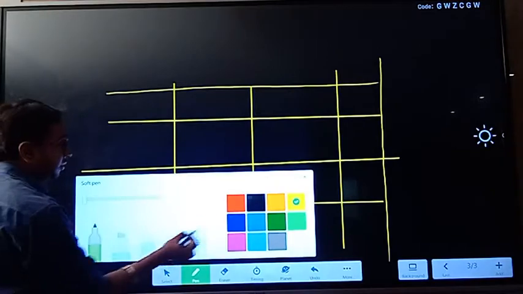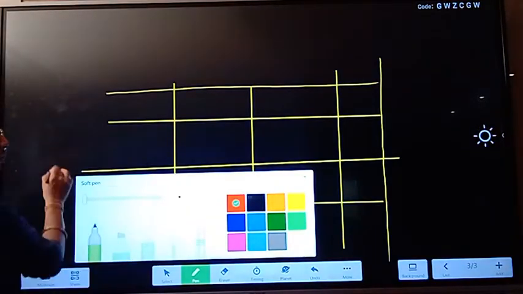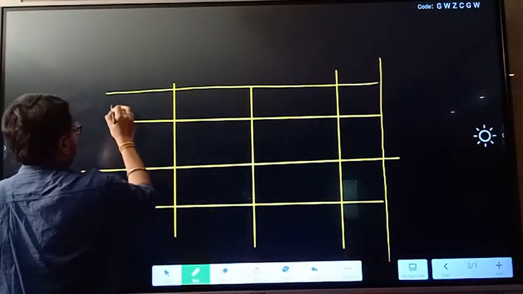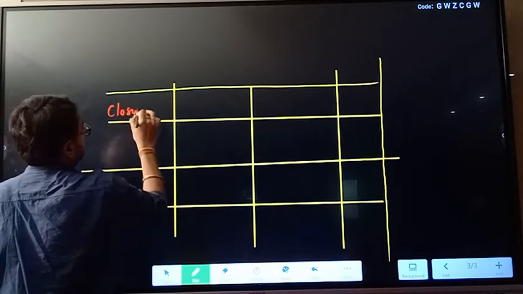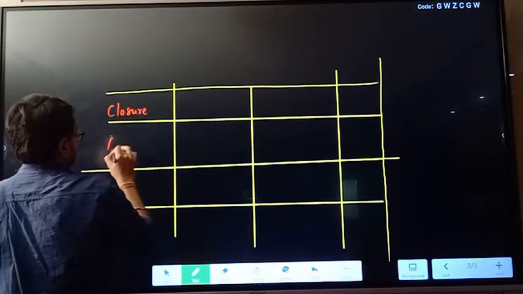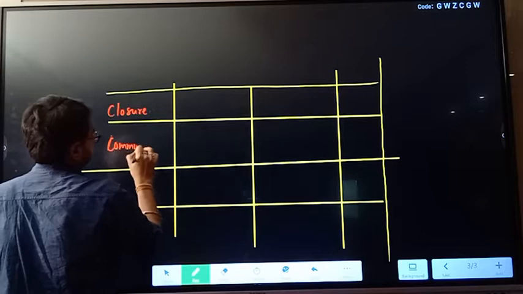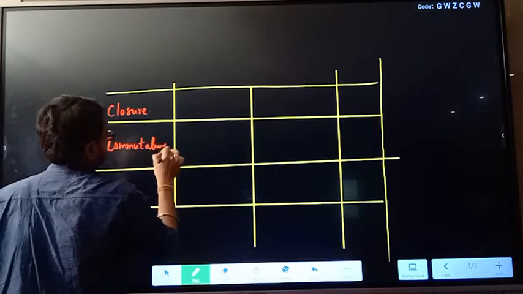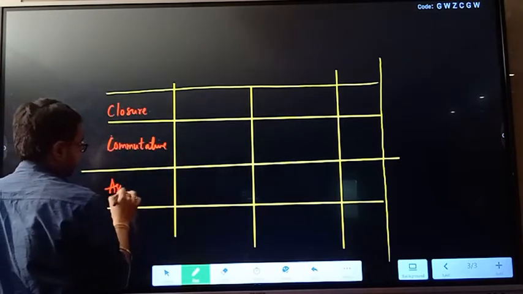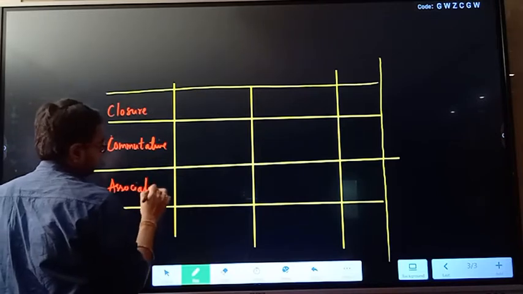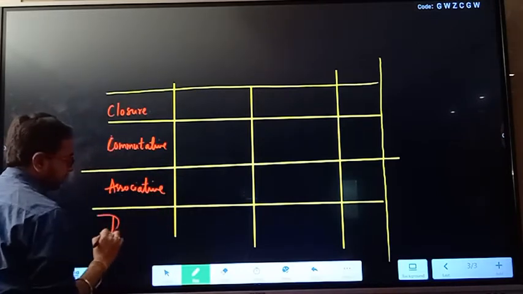Let's sum up now one by one. I'll be writing the properties: closure, commutative, associative, and distributive.